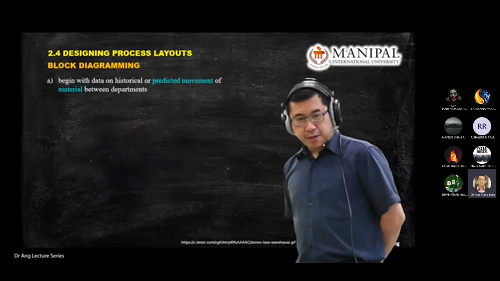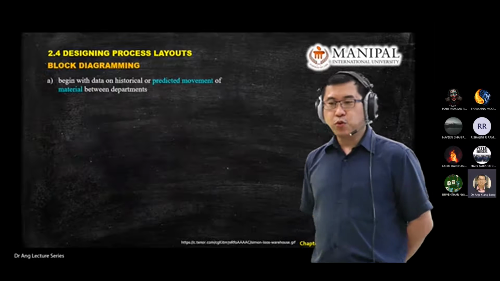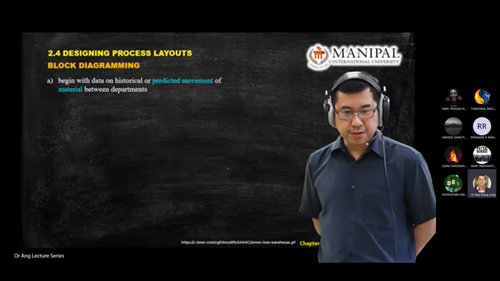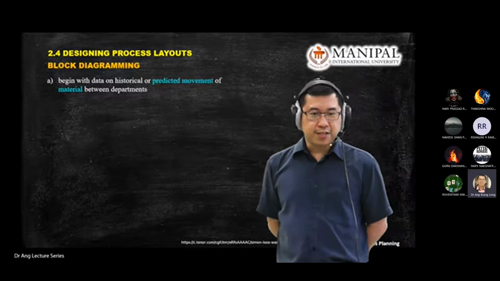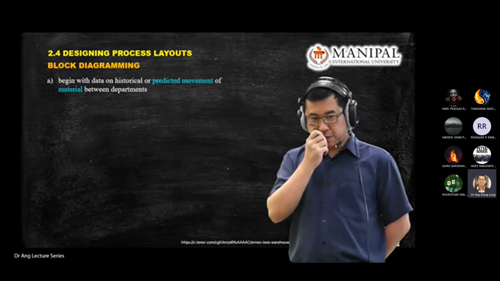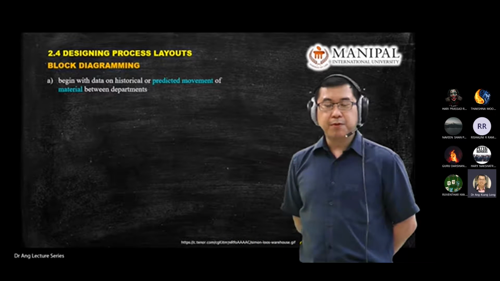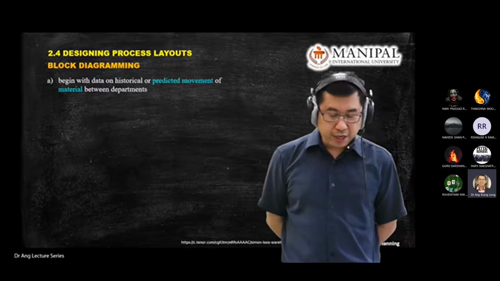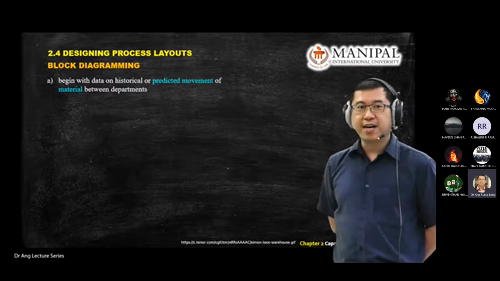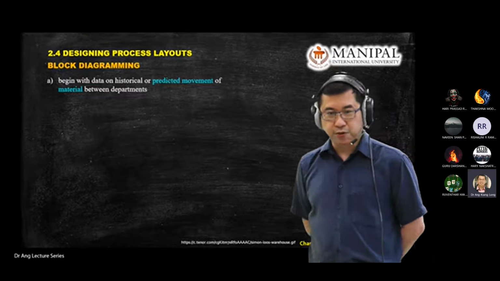Now there are some steps when we do block diagramming. These are the proposed steps. First, you look at the movement between departments. Meaning before you solve, you walk into the production floor and observe the current movement inside the factory floor.